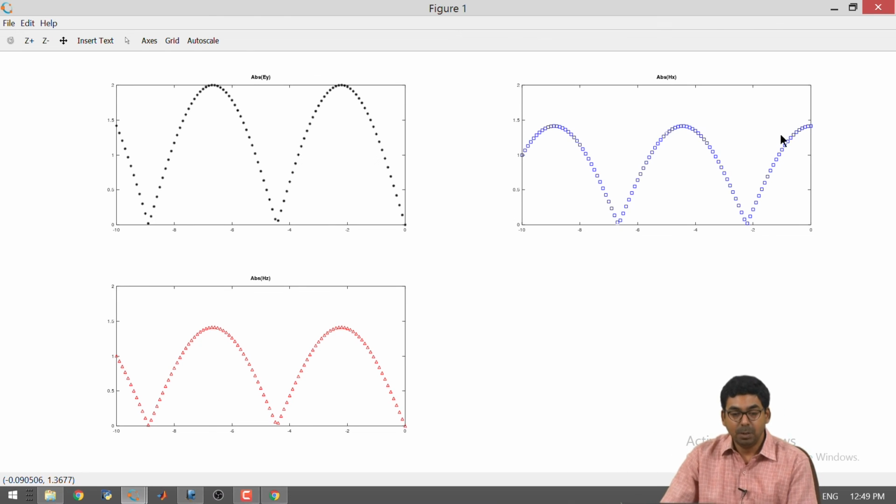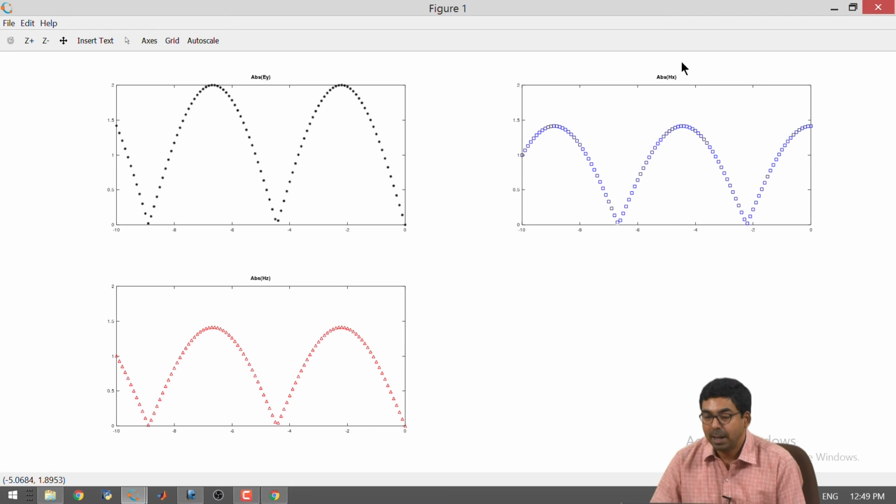If I look at this graph, I have placed this graph one on top of the other deliberately so that I can see when Ey peaks, Hz also peaks; when Ey goes to 0, Hz also goes to 0. So, I can say that Ey and Hz are in phase.